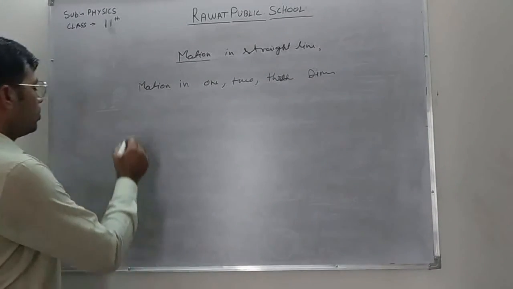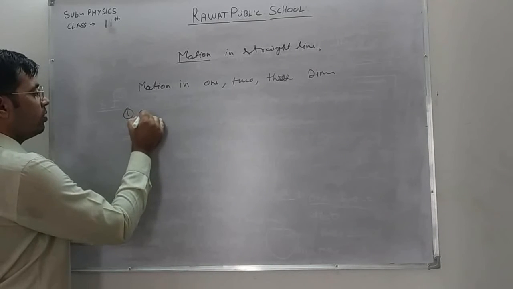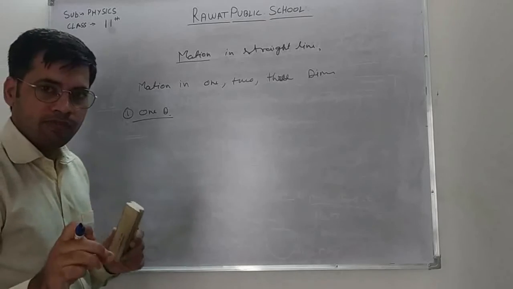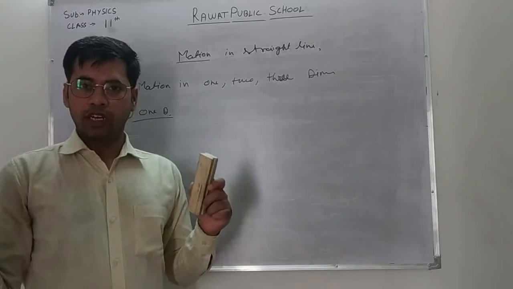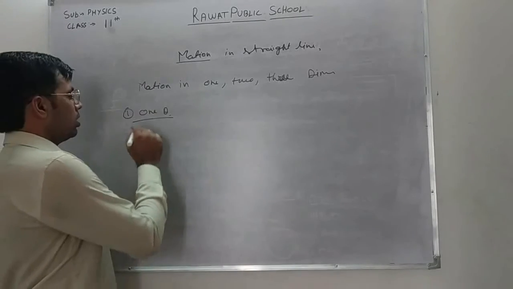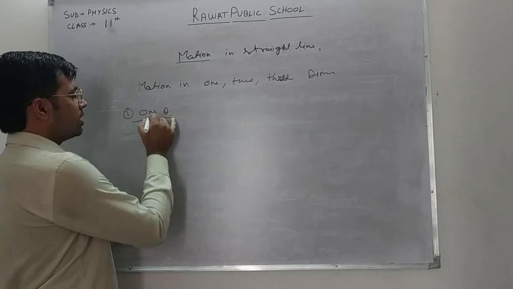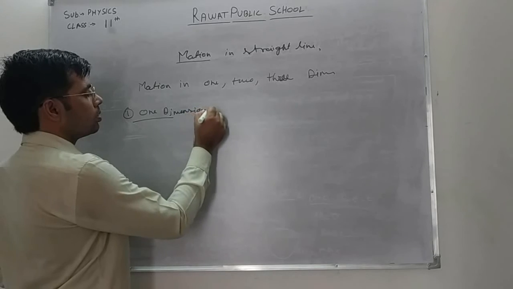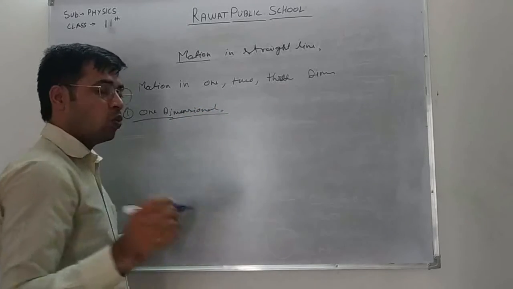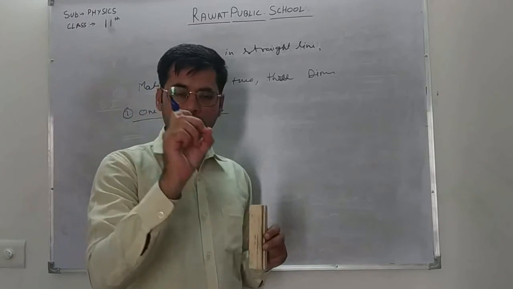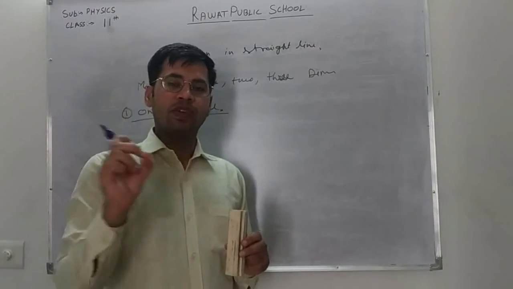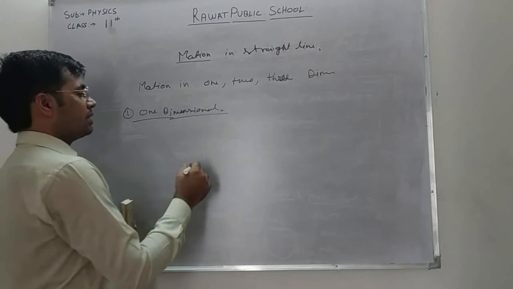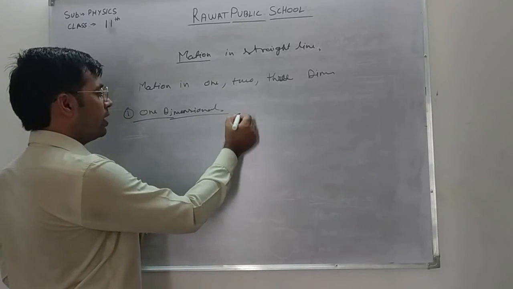First, 1 dimension: when can we say the motion is 1 dimensional? Motion can be considered as 1 dimensional if one of the three coordinates which are specify the position of the object is changing with time, then we can say that the object is in one dimension.